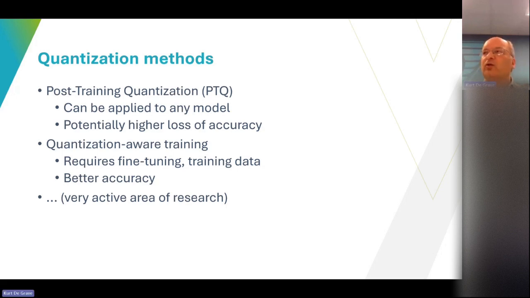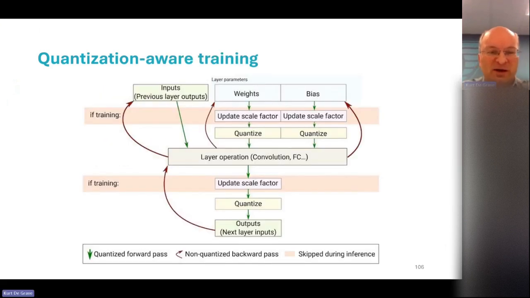The alternative is to already prepare your quantization during training. And there are these days constantly new methods of quantization popping up, and this is hard to follow, but that's also why I don't discuss the different methods in a lot of detail, because next week there will be different ones, but the principle remains the same.